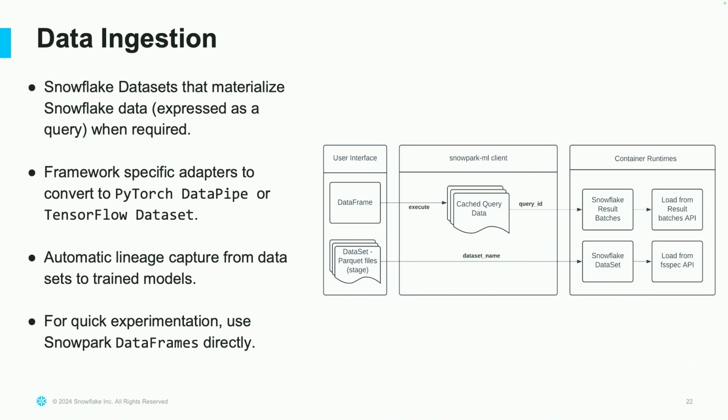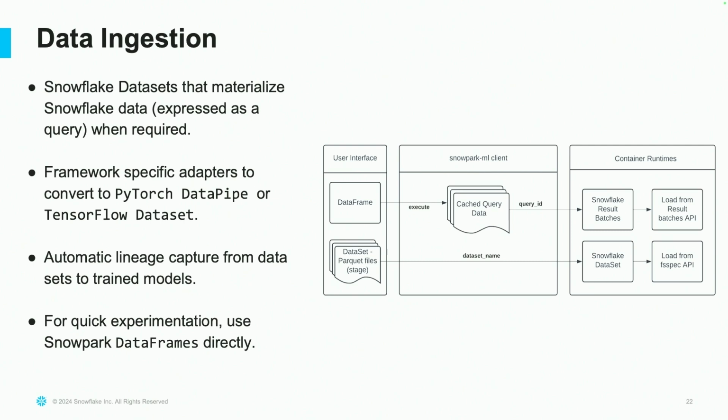Some more detail about the data ingestion. As I mentioned before, if you are using your data frame, you can continue to use your data frame for training. All our APIs continue to work well with the data frame abstraction. And what that means is when you're doing your experimentation, there is no extra materialization of the data for training. And what we do behind the scenes is we actually read off cached query data, which means it'll be faster than you trying to do the same workflow anywhere outside.